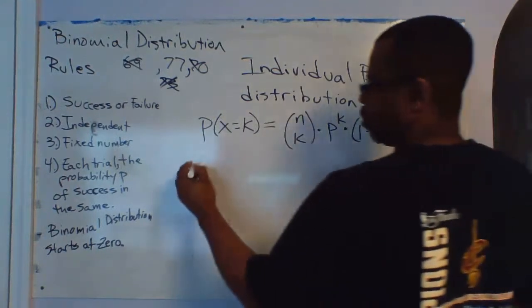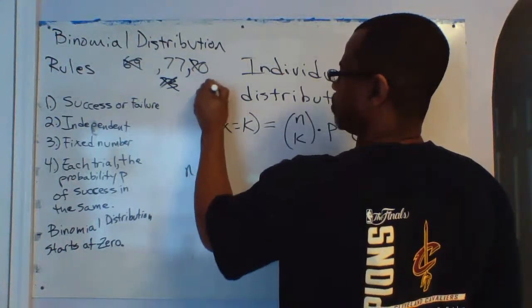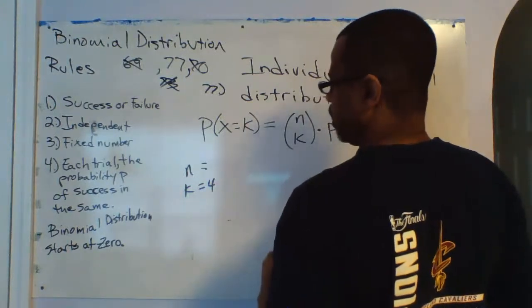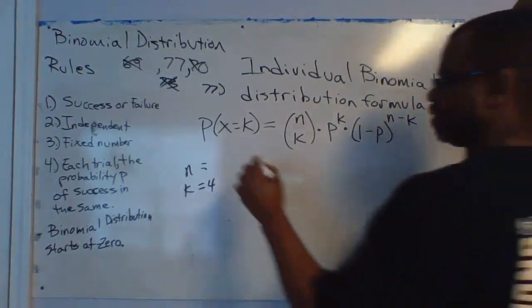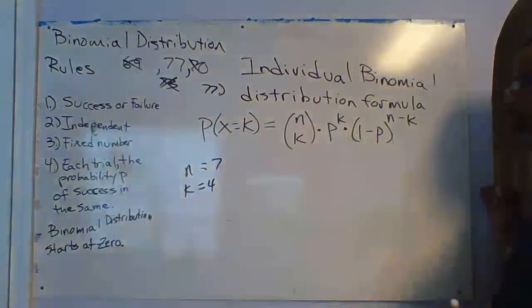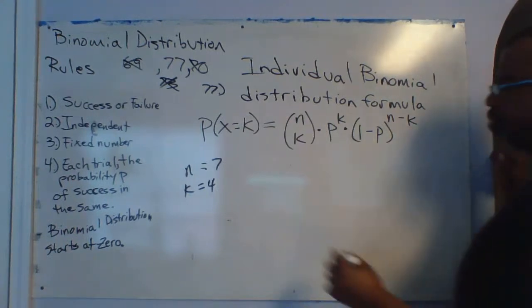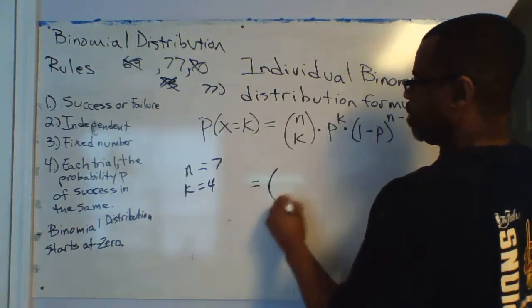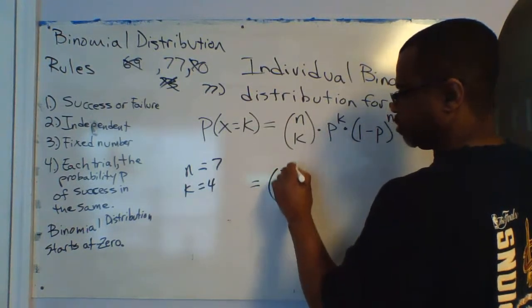Now, for number 77, they told us that K is equal to 4, and the sample size is 7. They told us about binomial distribution, and all the rules are met for binomial, so now we can use this formula. Remember, this is N choose K, so 7 choose 4.